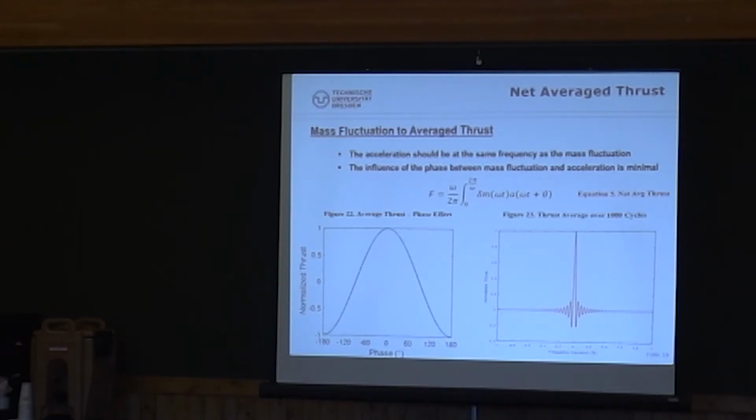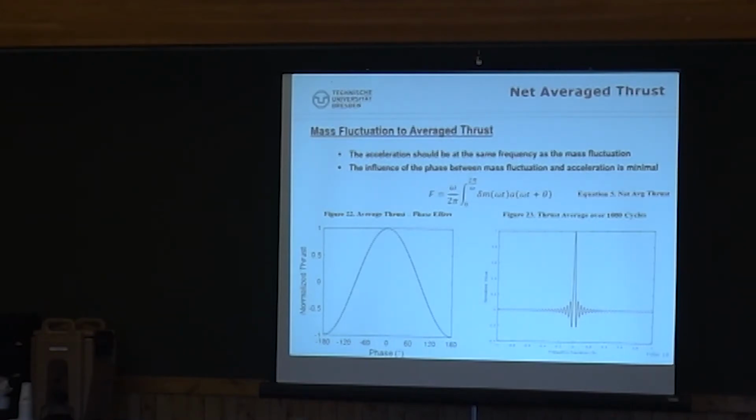This graph shows basically the integration of a thrust over 1,000 cycles if it's composed of a mass that's fluctuating and multiplied by acceleration, which is also a sine. So if it's not exactly at the same frequency, then over just a few cycles, you would get zero thrust. So they need to be exactly at the same frequency. So you need to push and pull exactly at the same frequency as the mass fluctuation.